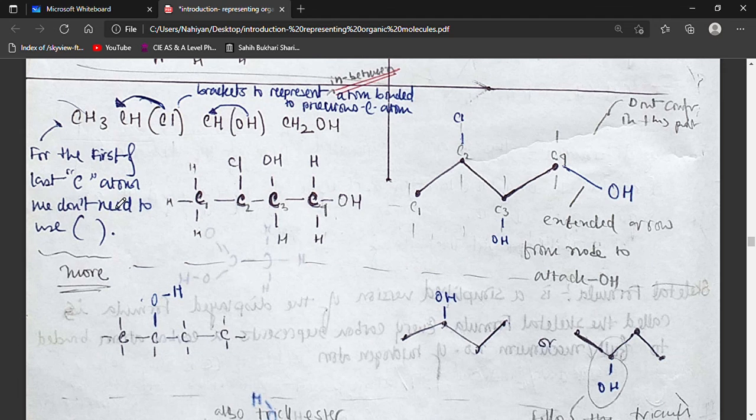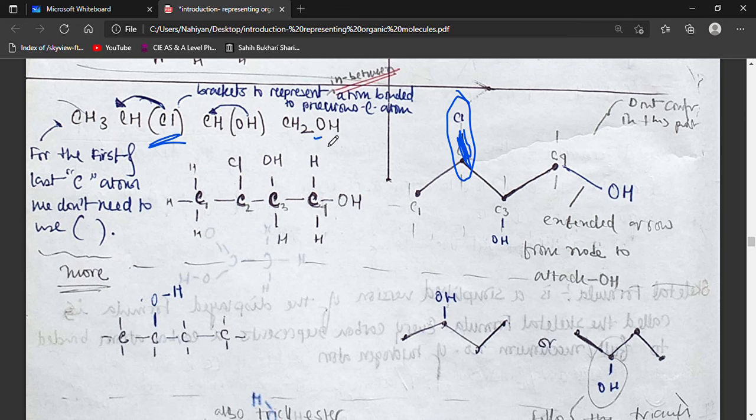Now something complicated we have, that is, in the middle of the chain, we have a Cl atom, and this bracket, as I already said, represents that this Cl belongs to the previous carbon. So this is carbon 2, and in carbon 2 we have an extended line, and we show the Cl atom. That is how it goes.